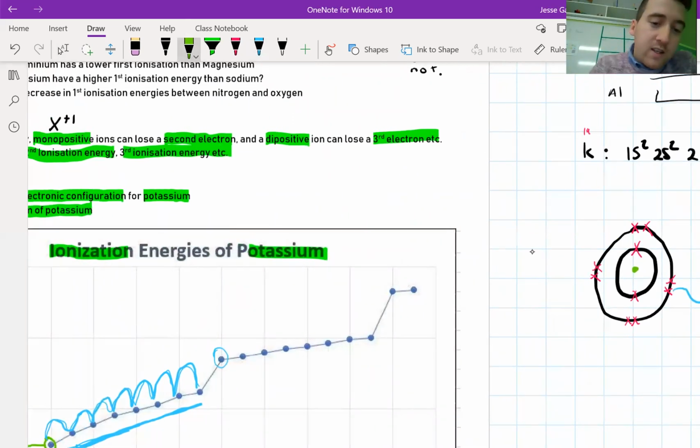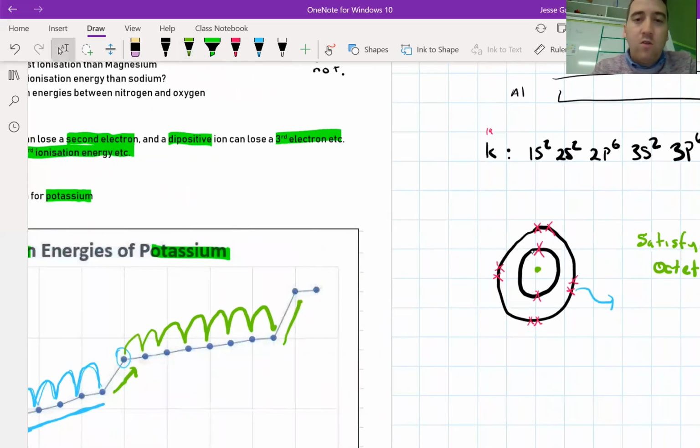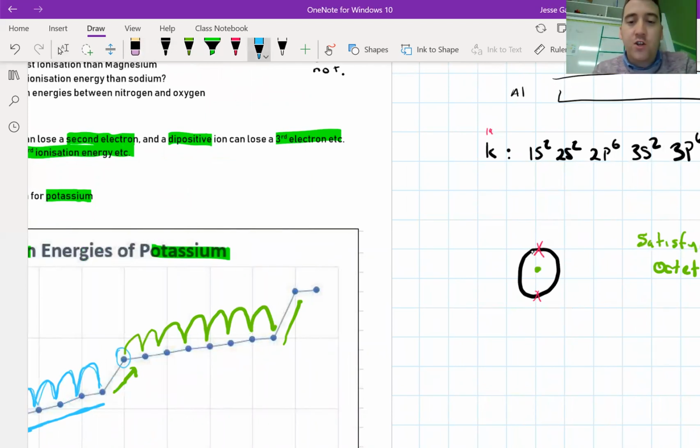So this here is where we see another quite a big jump in energy values. Okay, and what do we notice is that 7 more later, there is another jump. And that would be when we have removed that outer shell again, and now we're taking one of these electrons from the full first shell. That's that one there.